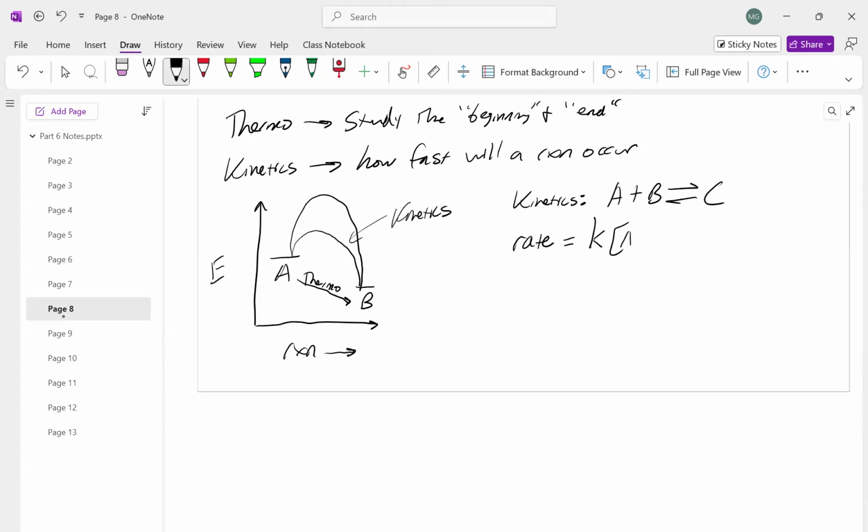Times the concentration of A raised to some power, X. Same thing for B, concentration of B raised to some power, Y. Now, X and Y, just to reiterate from what you learned in GChem, are determined experimentally. They are not the coefficients from the balanced equation.